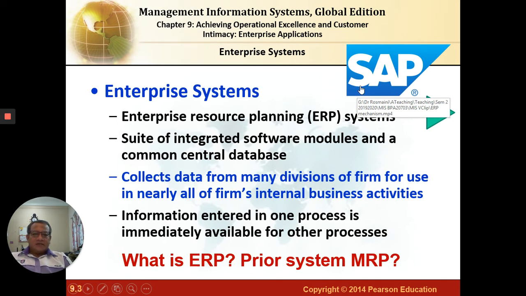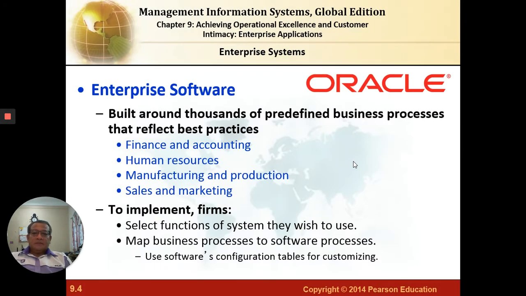SAP is a software system from Germany, and it is most widely used in Malaysian manufacturing companies. Enterprise software is also available in other forms, namely Oracle. Oracle is another ERP software system, which is from the US, and it is also widely used in Malaysian manufacturing companies.